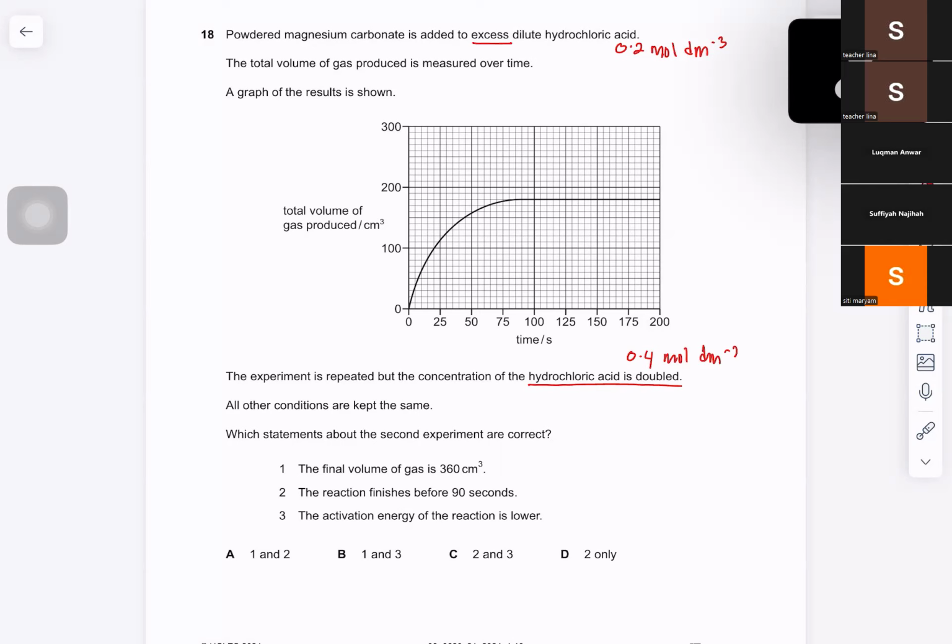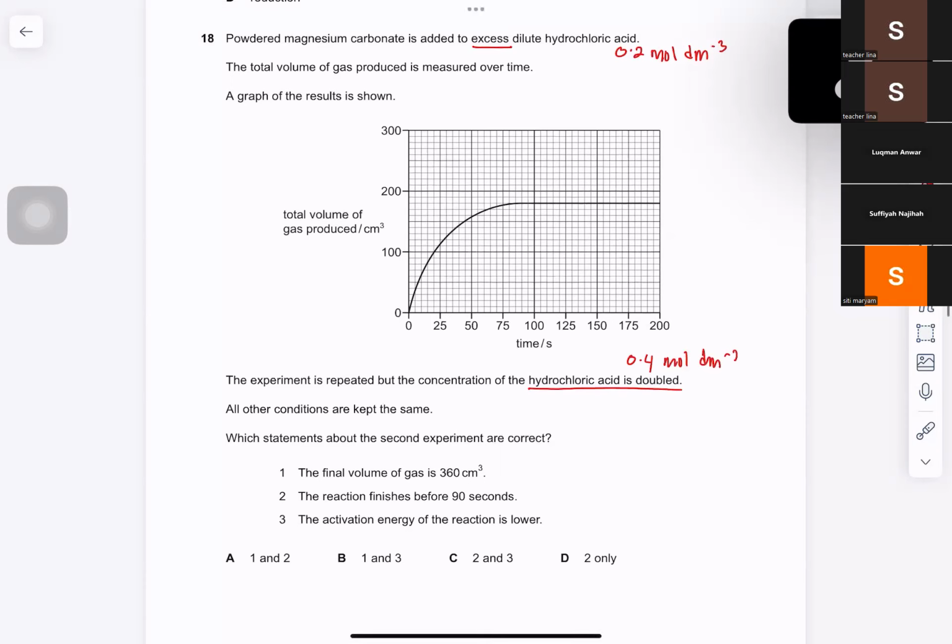Okay. So all the other conditions are kept the same. Which statement about the second experiment is correct, that one. So, okay, now you tahu kan like in IGCSE for the rate of reaction.